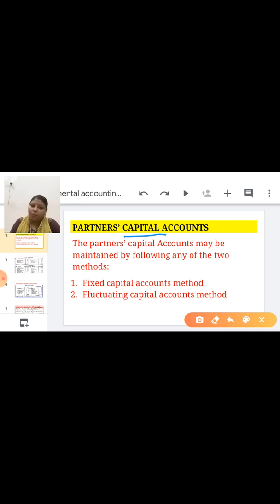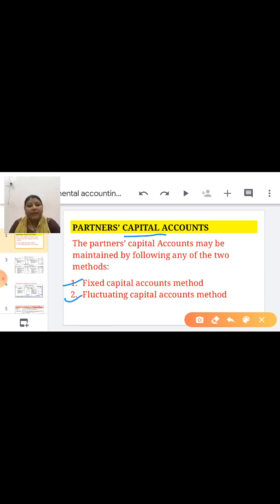If there are 2 partners you have to maintain 2 columns. If there are 3 partners you have to maintain 3 columns. So the partners capital account may be maintained by any of the 2 methods. The first is fixed capital method, second is fluctuating capital method.